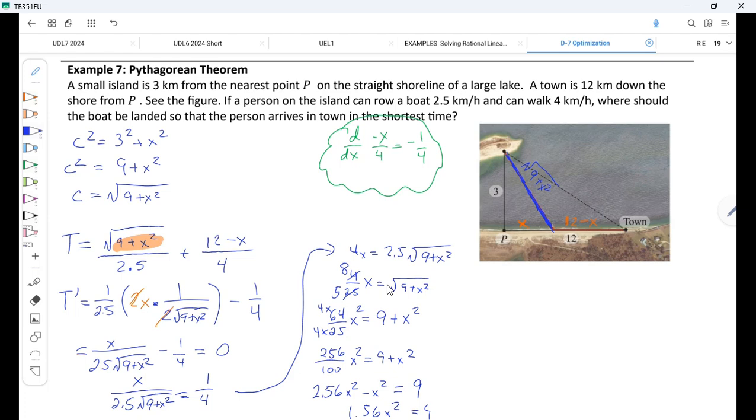And that means that x squared equals 9 over 1.56, or x equals, we're not going to put minus, so the positive, because it wouldn't make sense to call the distance negative.